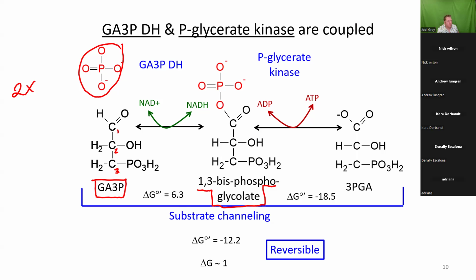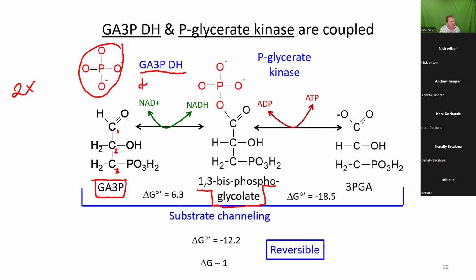The enzyme that does this is known as glyceraldehyde 3-phosphate DH. What does DH stand for? Does anyone want to guess? Maybe not guess, but does anyone know? Okay, I like that guess. Dihydride, that's a pretty good guess. Dihydroxy, you guys are super close.